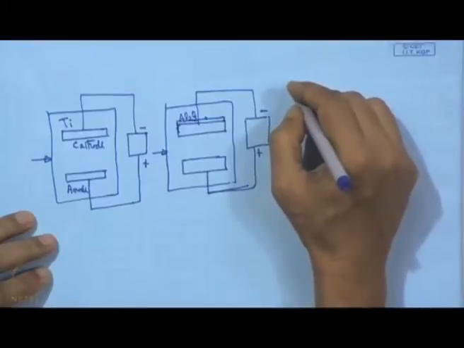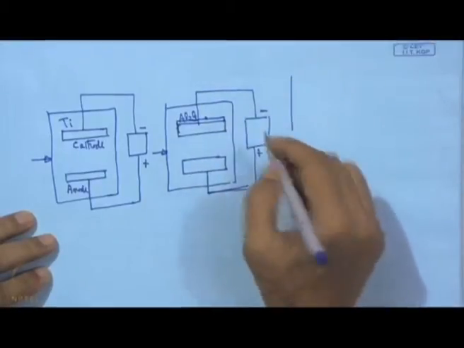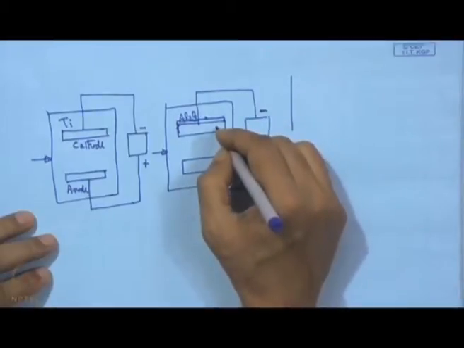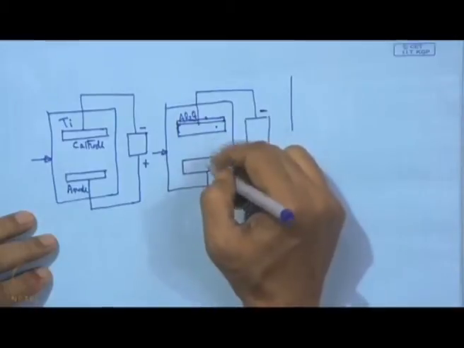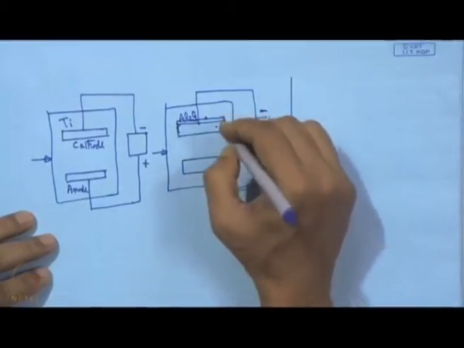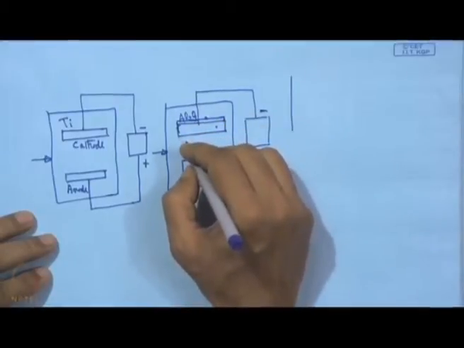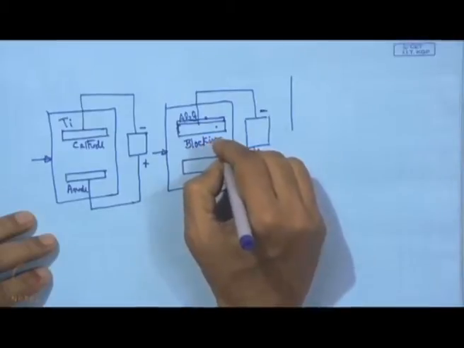So, if we look at it, it is just like a capacitive coupling between the power supply and this electrode. So, we can call it a blocking electrode. It is actually blocking this conduction.